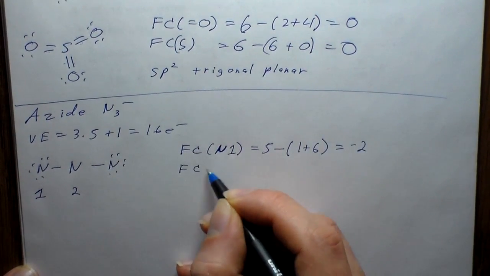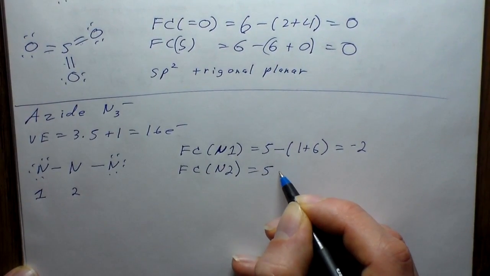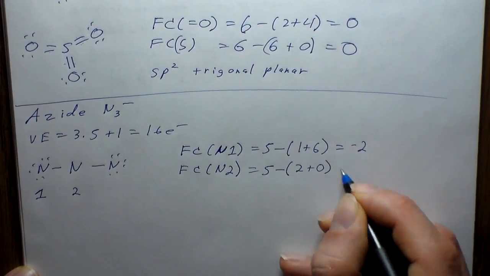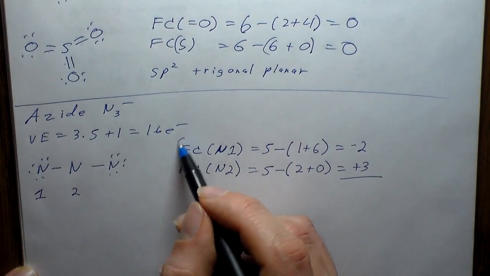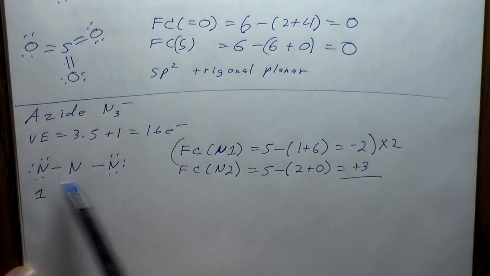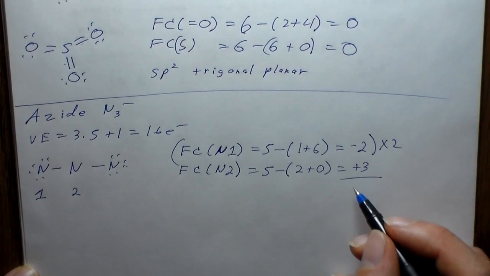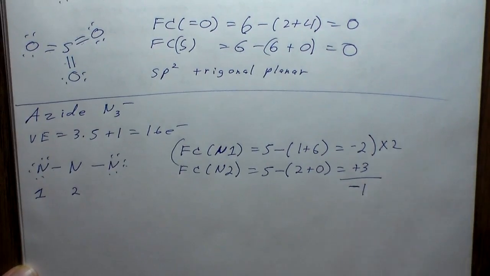And then the formal charge on my nitrogen 2, which is my central one, it's 5 minus, and in this case there's 2 lines and no dots, so that's going to be a +3. And of course I have over here 2 of these equivalent ones, because I have one on the end and then one on the other end here, so it's going to be -4 + 3, so this is going to wind up to be a -1, which we want.